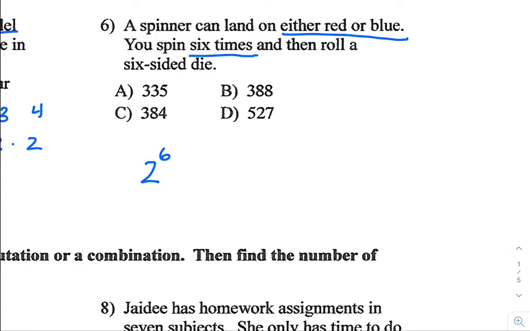And then multiply by the amount of outcomes from rolling a 6-sided die. There are 6 options. So 2 to the 6 times 6, and I believe that is 384. Okay, so that's number 6.